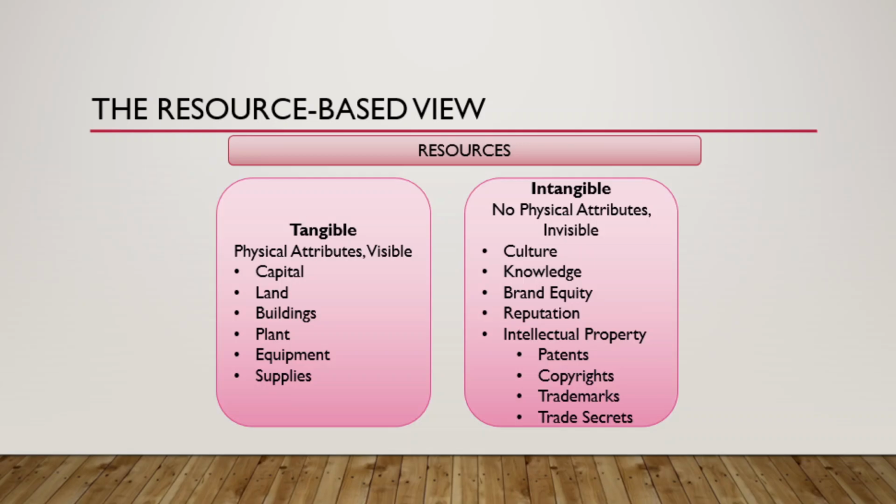So, culture, knowledge, brand equity, reputation, intellectual property like patents, copyrights, trademarks, and trade secrets. So, competitive advantage is more likely to spring from intangible assets. Kasi etong tangible assets, madali lang siyang gayahin ng competitors mo. Unlike sa intangible assets.